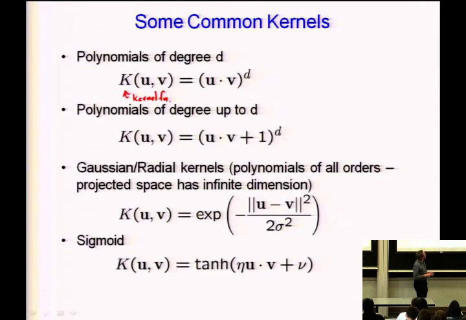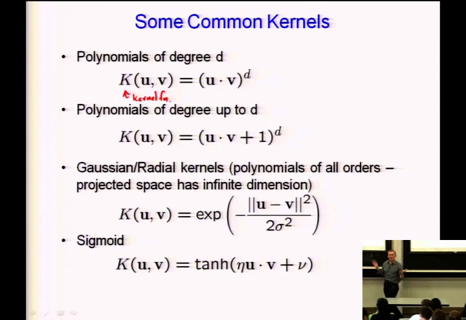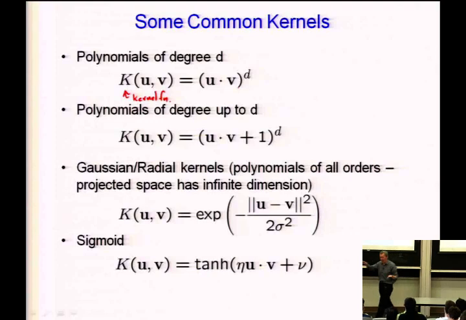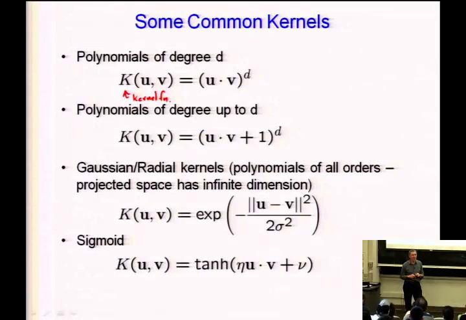And that corresponds to an infinite dimensional linear regression problem. So that really saves on computation. And then here's another, the sigmoid, like our former logistic function that we've talked about.